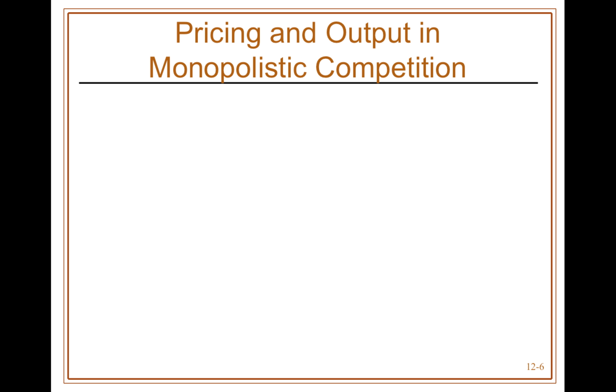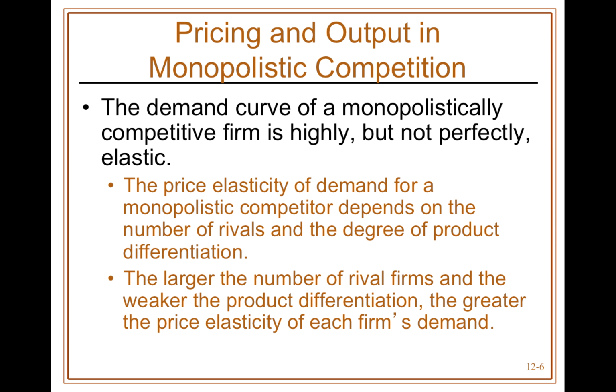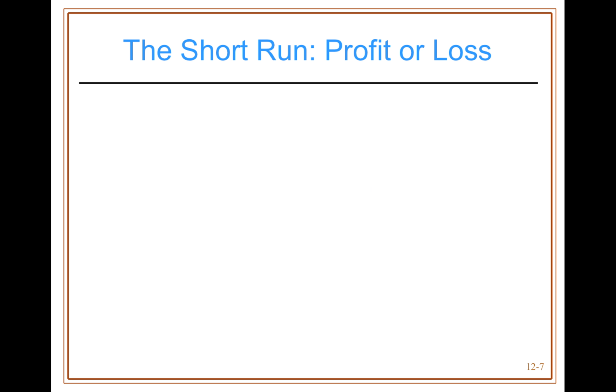So how do we price in monopolistic competition? The demand curve of the monopolistically competitive firm is highly but not perfectly elastic. The price elasticity of demand for a monopolistic competitor depends on the number of rivals and the degree of product differentiation. The larger the number of rival firms and the weaker the product differentiation, the greater the price elasticity of each firm's demand.